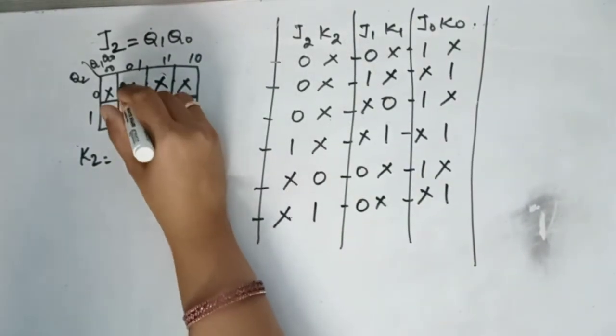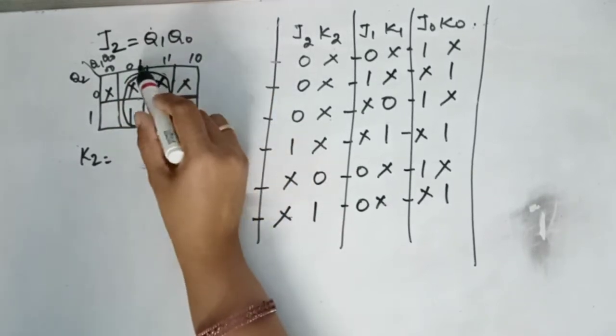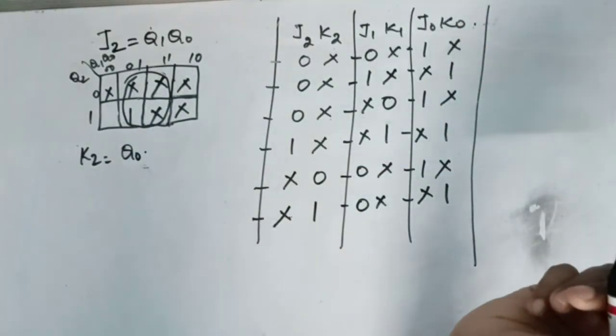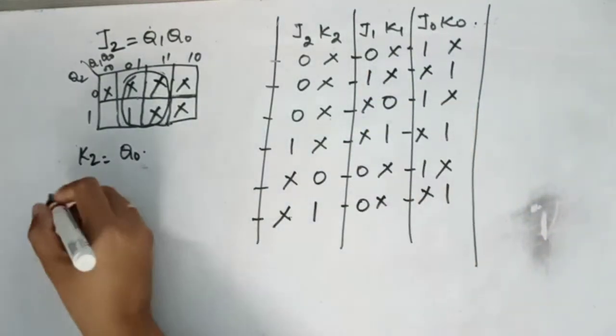So for this one you can group it like this. So that is Q0. Yes. Then for J1.